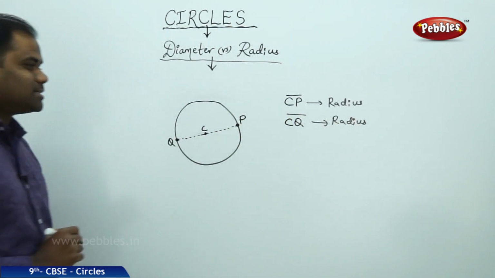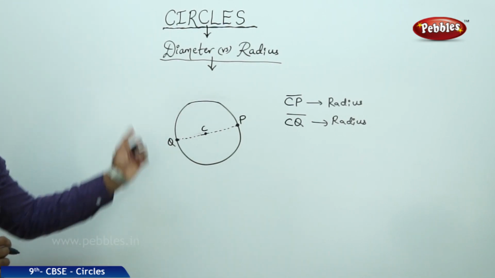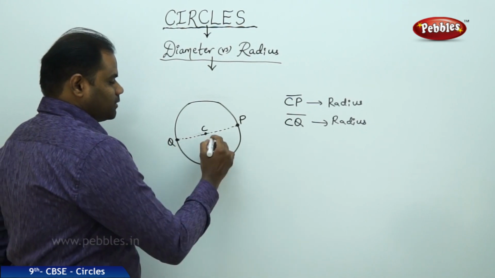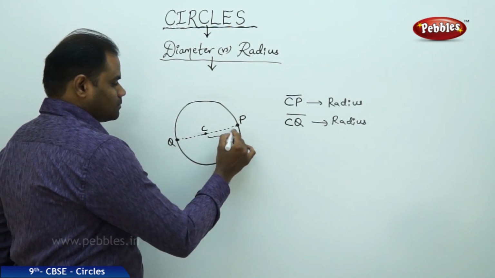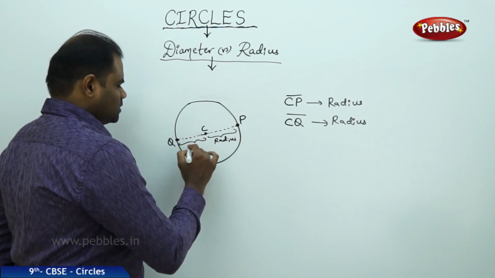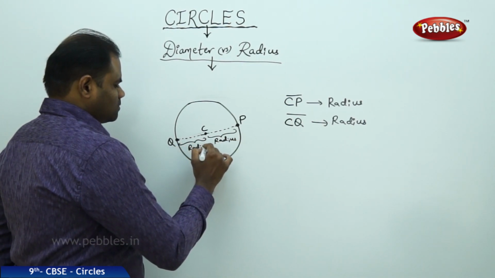So CP and CQ are the radii for the given circle. This part being the radius and this part being the radius.